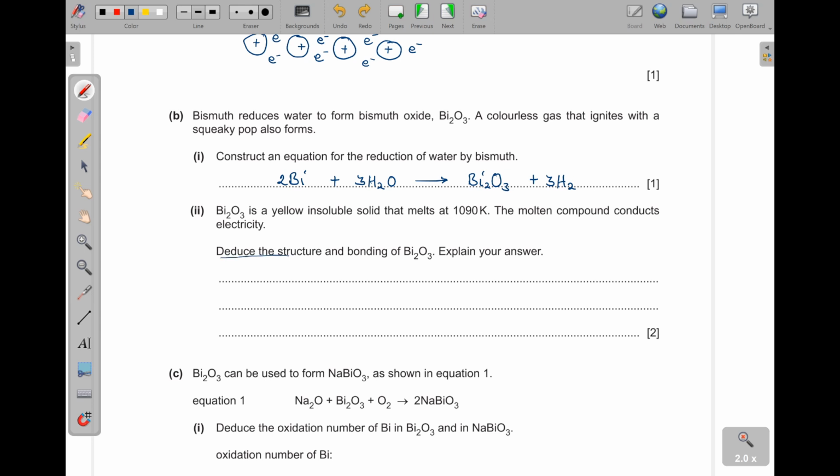Now they are saying deduce the structure and the bonding of bismuth oxide. Explain your answer. So the structure is either giant or simple, but this one is going to be giant. Why giant? Because of the high melting point. So giant structure, because of high melting point.